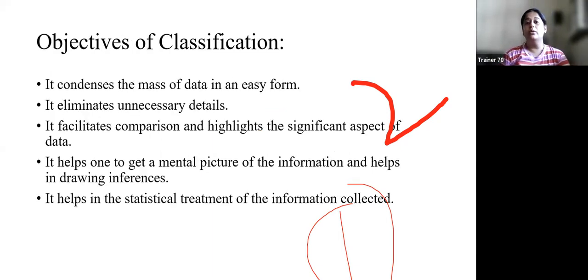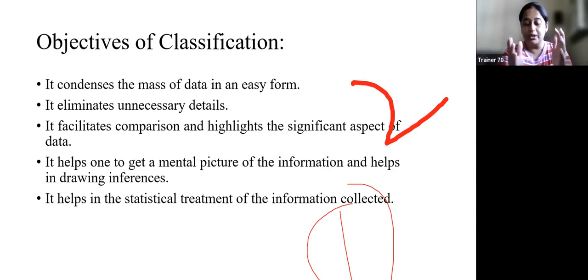Now, why are we doing classification? What is our objective for doing classification? First, it condenses the mass of data in an easy form. अब आपके पास जब पोस्ट ऑफिस में लेटर्स आए तो पूरा मास ऑफ लेटर्स था. उन लेटर्स को देख के तो no one can understand कौन सा लेटर कहाँ जाएगा.